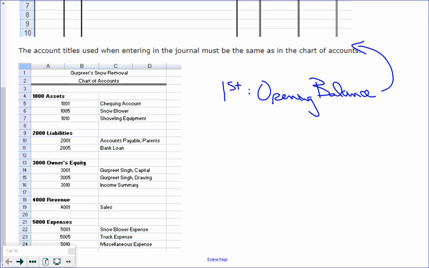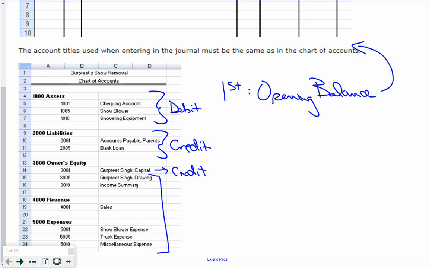You have to remember assets are debit, liabilities are credit, capital is credit. Now, these ones do not have an opening balance, so we don't have to worry about them for right now. We'll eventually have opening balances, but for right now, we're not going to worry about it.